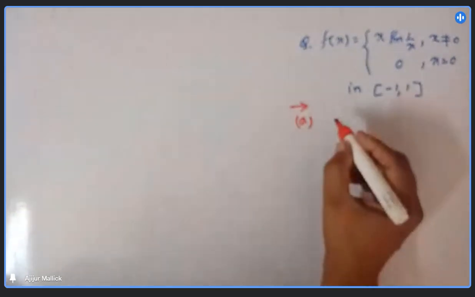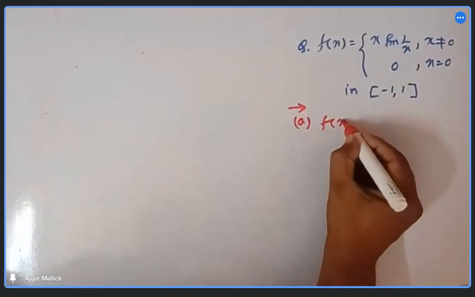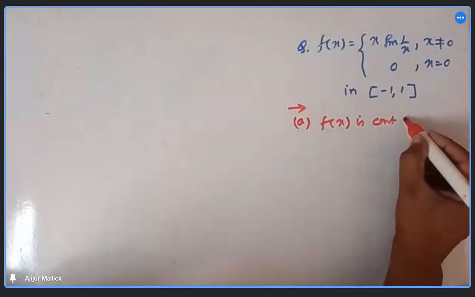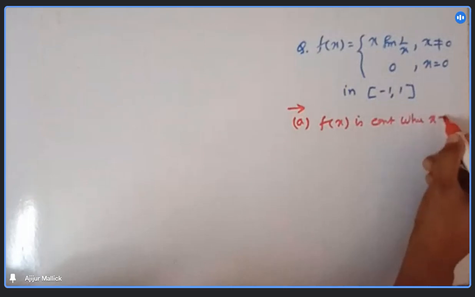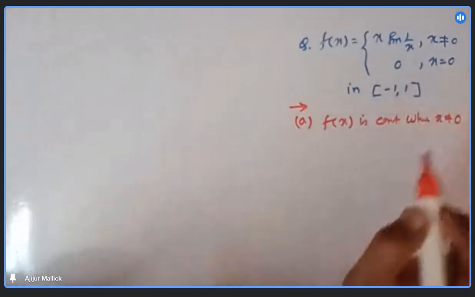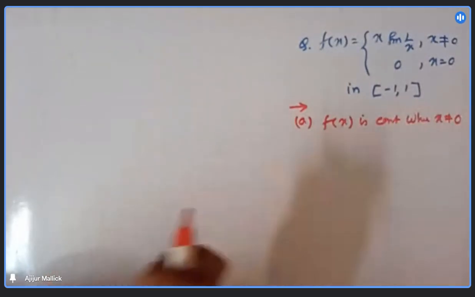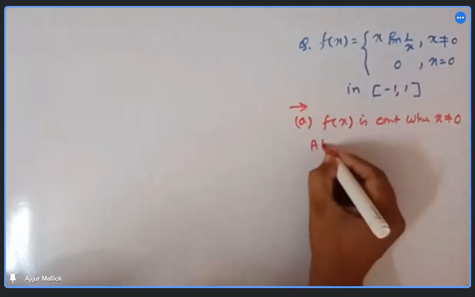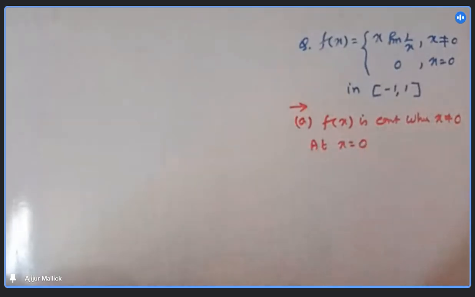f of x is continuous when x is not equal to 0. Now at x equal to 0 you have to check the continuity separately.